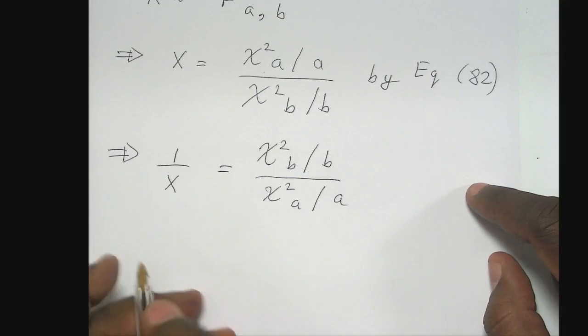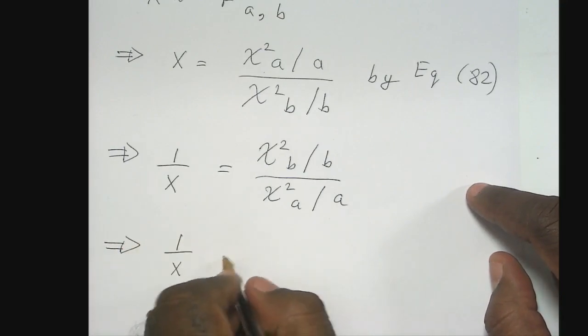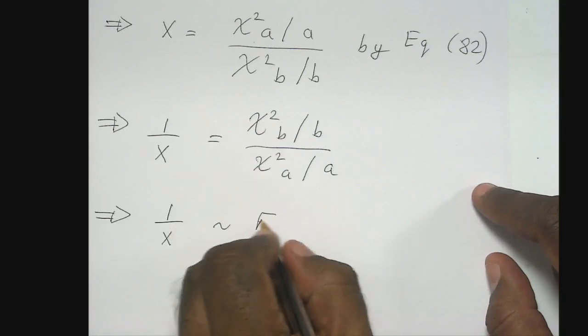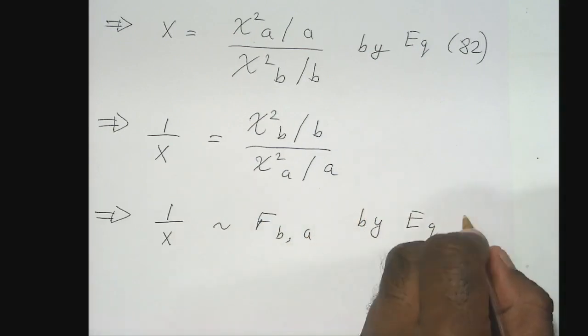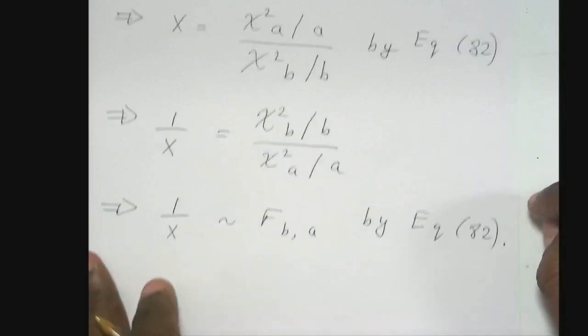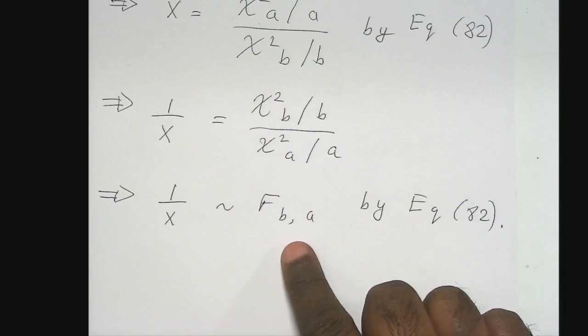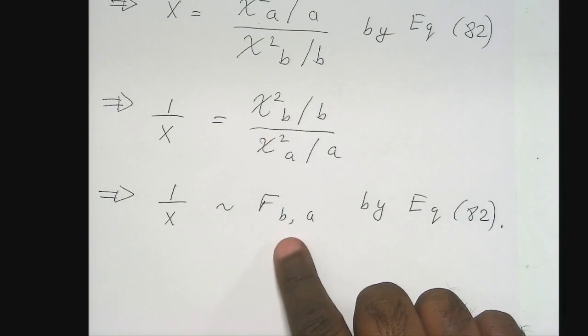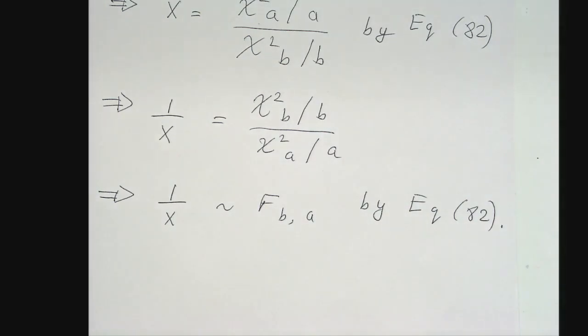Now, once again by equation 82, what you have here must be an F variable, but with the parameters switched around, that is, with b and a. You guys follow? So that's the proof for question 6.